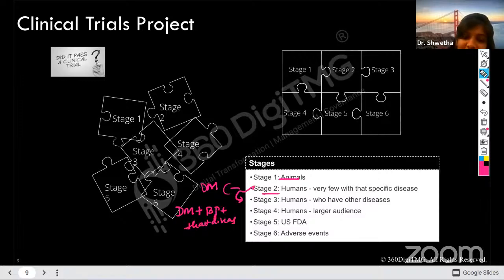So people who have other comorbid conditions also receive it. If the drug is found to be safe in these people, then it is moved on to a larger audience. If the drug is not found to be safe in any of these steps, the study can be immediately terminated.